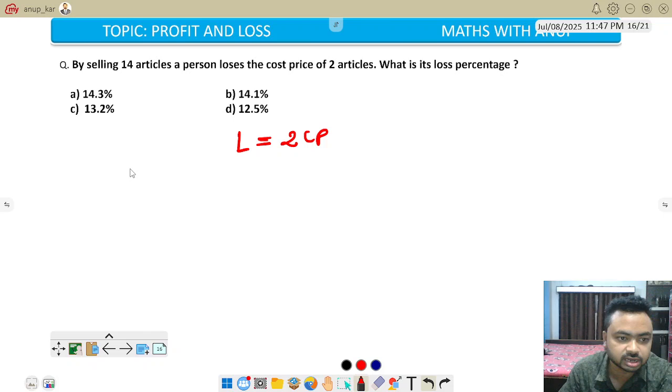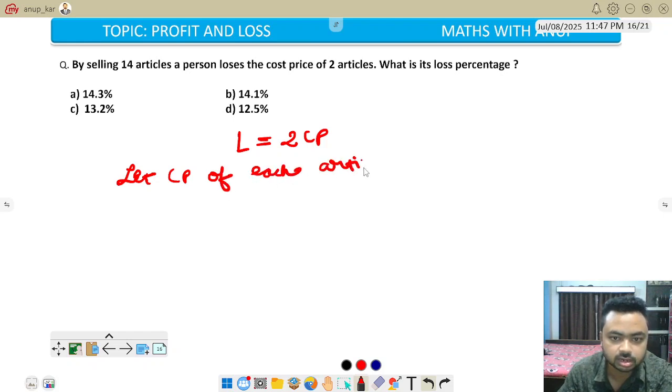As we are given that the loss is equivalent to the cost price of 2 articles, we will consider that let CP of each article be rupees 1.